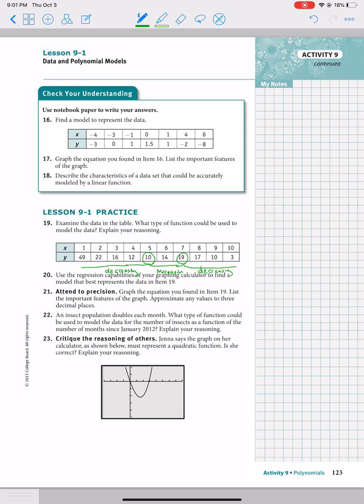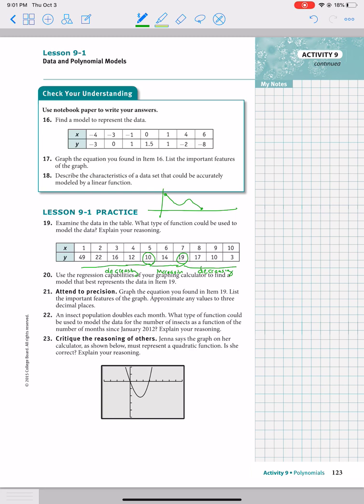So if we just wanted to quickly graph this, we could pretend like we're on a graph. We were starting at 49, we were decreasing to 10, increasing to 19, and then decreasing again almost to the x-axis. So not the most perfect sketch, but we can see right away that it's starting to form a familiar shape.